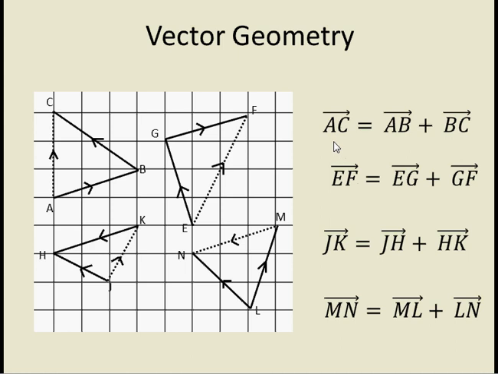If you want to get a vector AC, just cover up the plus sign and the 2 B's, and you can see that you've got AC. Same here, EF. If you cover up the plus sign and the 2 G's, you'll get an EF. Alright? You can put any letter you want in there too. Like AC is also AD plus DC. It's also AW plus WC. Okay, so that's an important thing to remember.